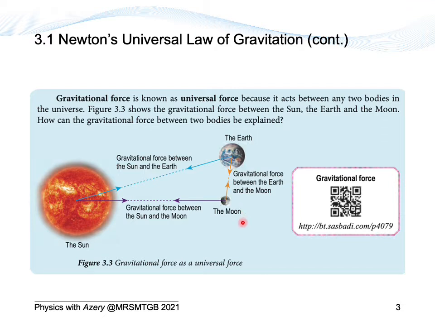In fact, even between the sun and the moon also exists gravitational force. This difference in sizes and also distance will affect the gravitational forces between them. So what's the relationship between all this? Let's see on the next slide.